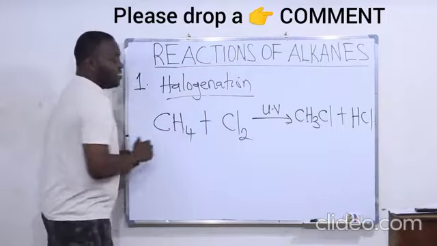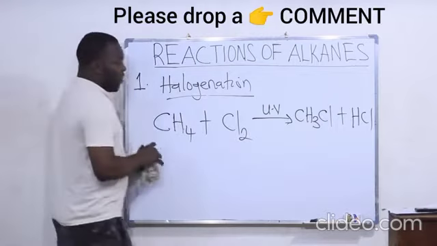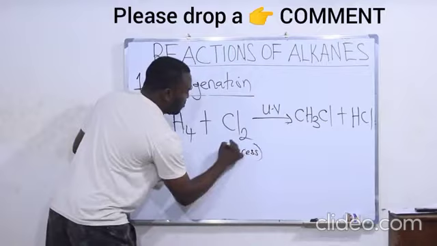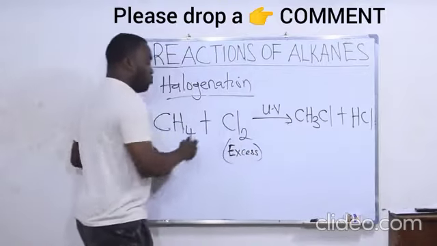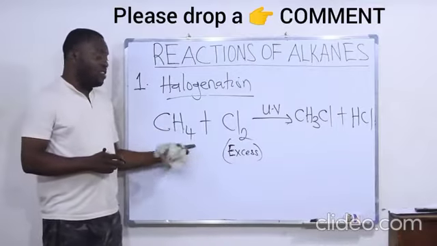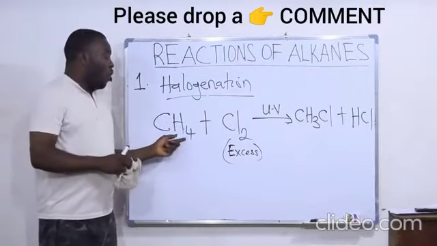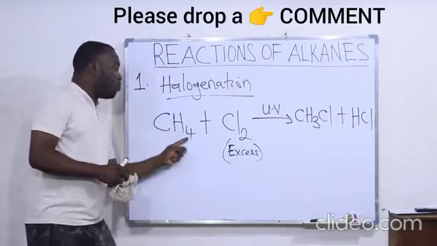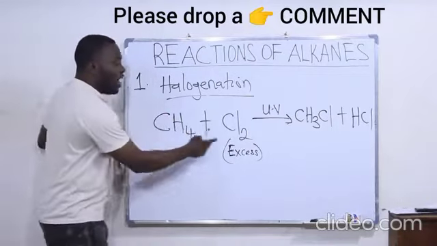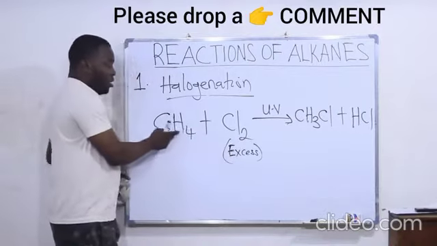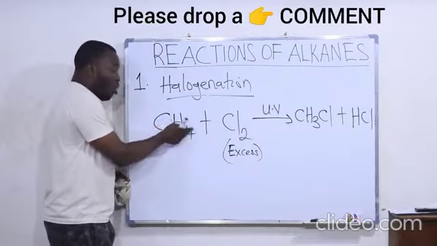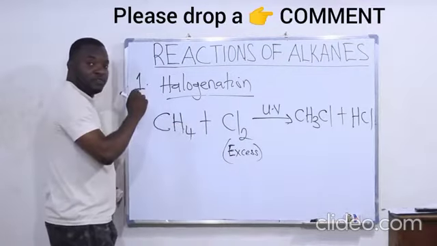When the chlorine is in excess, let's take for instance, during the reaction the chlorine we are using is in excess, while the alkane, that is the methane, is not in excess, all the hydrogen atoms in that methane will be replaced. Take note. When the halogen is in excess, all four hydrogen atoms present in the methane will be replaced.